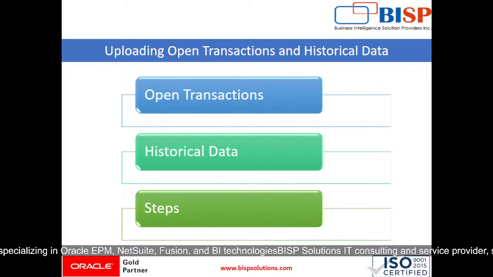Then historical data refers to past financial transactions such as invoices, payments and journal entries, which is necessary for accurate reporting and continuity. Historical financial data ensures that financial reports in NetSuite reflect past transactions accurately. We export historical data from QuickBooks, validate it for completeness and import it into NetSuite using CSV files or integration tools.